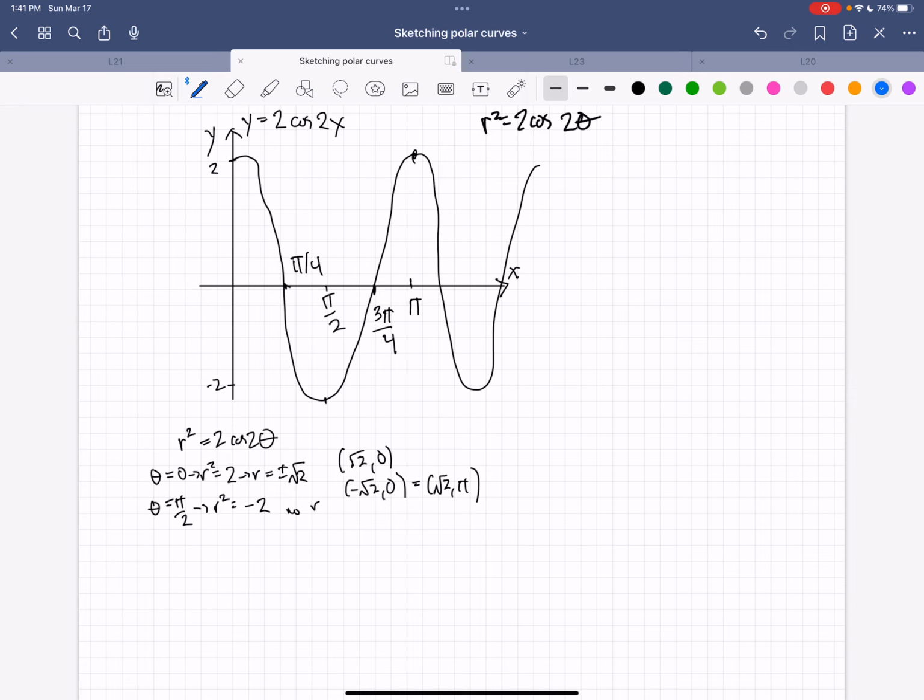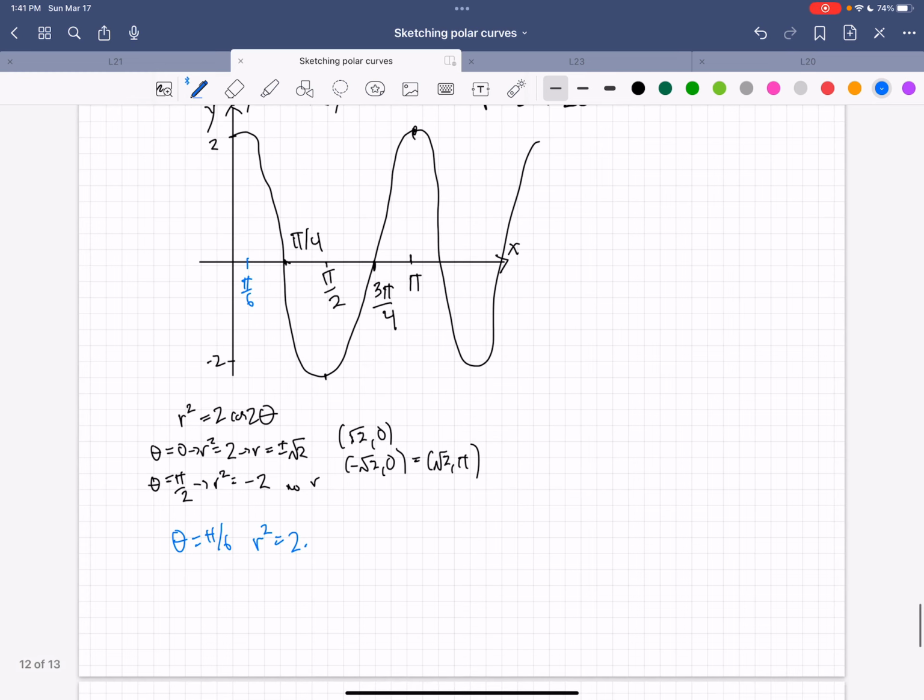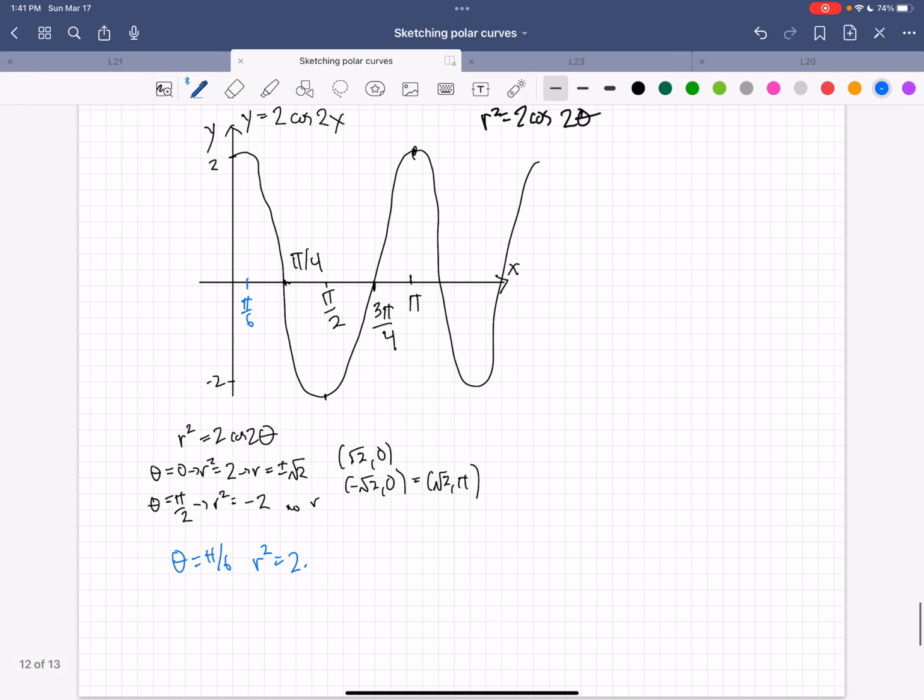So let's say we're doing pi over 6. When theta is equal to pi over 6, r squared is equal to 2 times cos of pi over 3, which is 1/2, so we get 1.